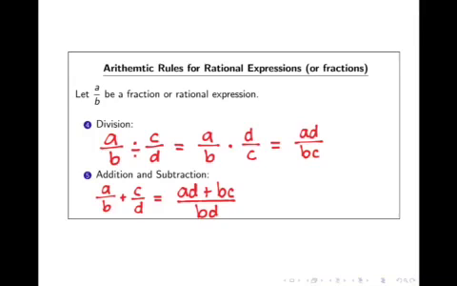Okay, now we don't always need to cross-multiply to get a common denominator, and we'll talk about how to find the least common denominator for rational expressions in section 11.2. And here we want to make a note that bd should not be equal to 0, since that's our denominator.